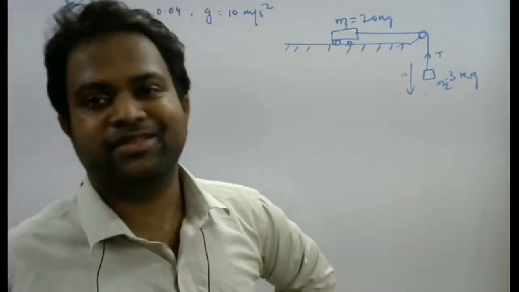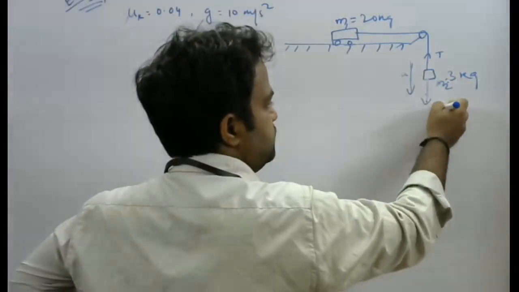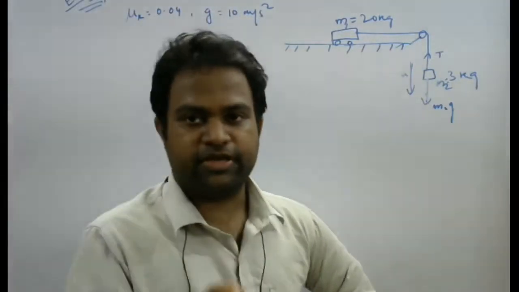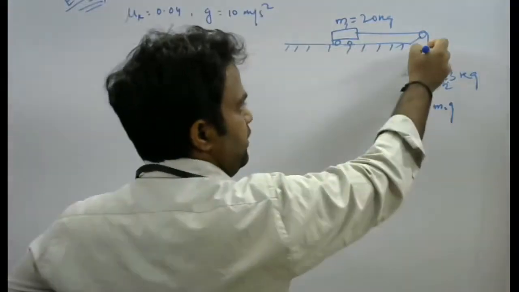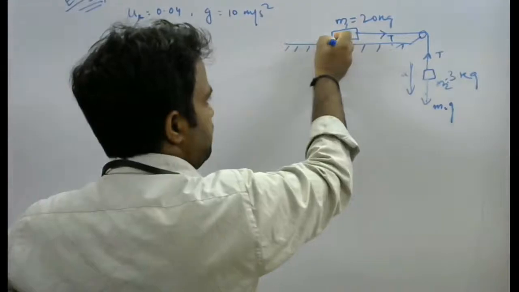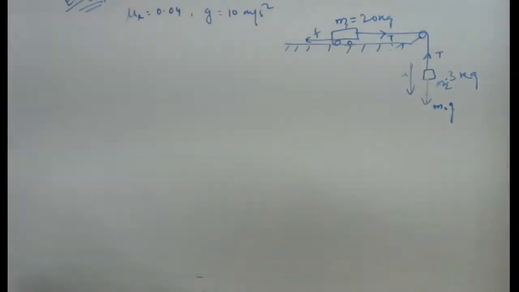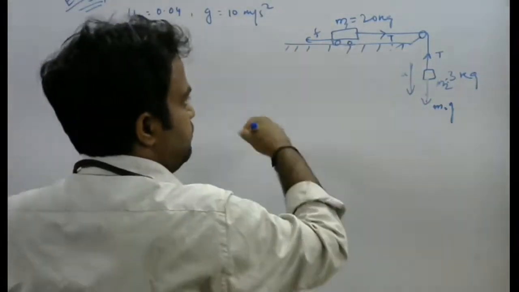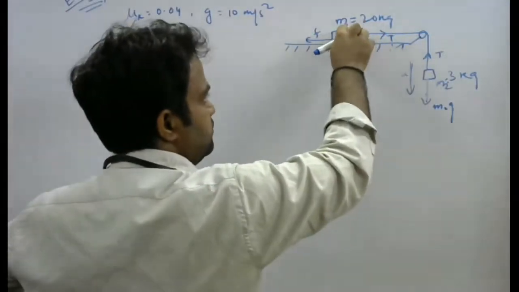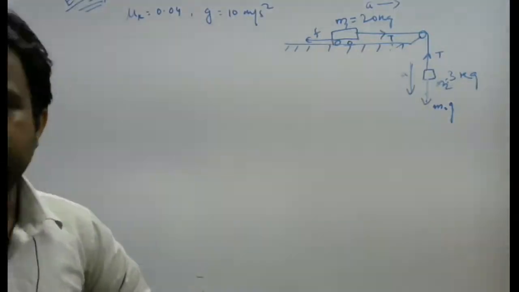Due to its weight, M2G will be downward. The gravity will pull it, no? So M2G downward, tension upward, here also tension towards the right, and friction opposite to the motion, because as this object goes downward, M1 will accelerate towards the right side.